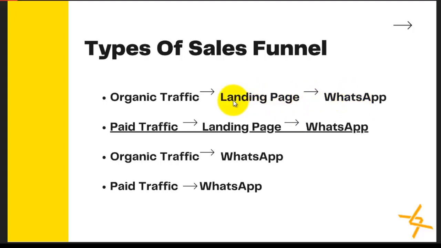So by the time they pass through this stage and decide to come to your WhatsApp, it reduces the number of persons who will come to your WhatsApp and tell you rubbish because they don't even know what they are doing. Some people can just click on something by mistake and jump into your WhatsApp. But by the time they pass through the landing page to your WhatsApp, they know what they are doing.